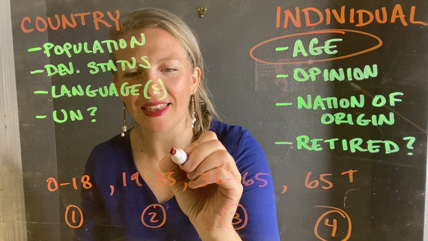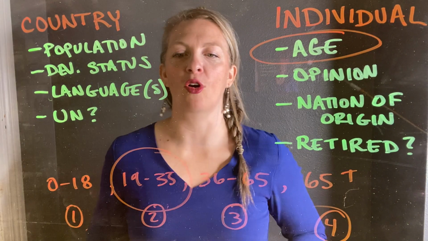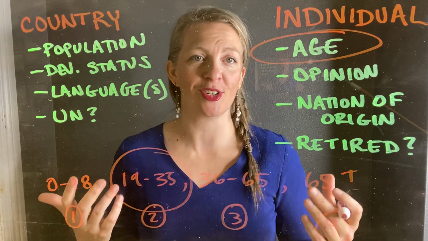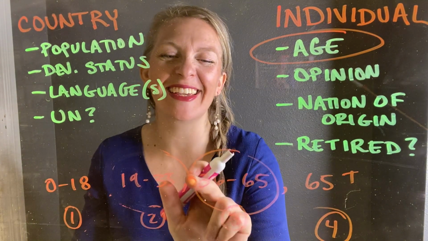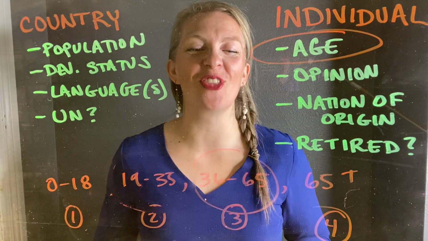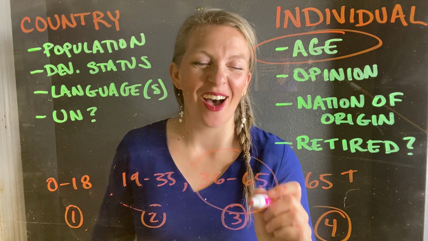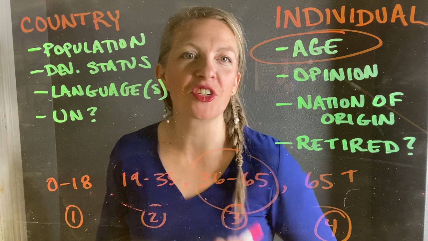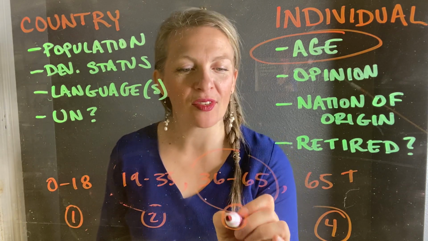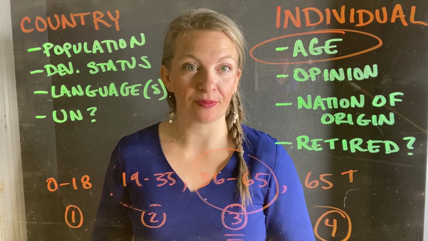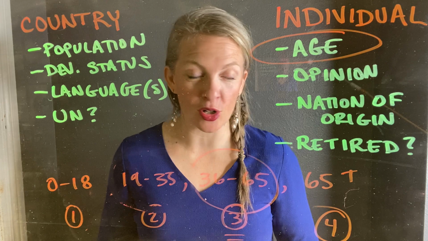So if I indicate that I'm in this group from 36 to 65, then I'm not actually telling you how old I am. I'm not giving you a number of years. I'm giving you a category. So this is no longer interval measurement.